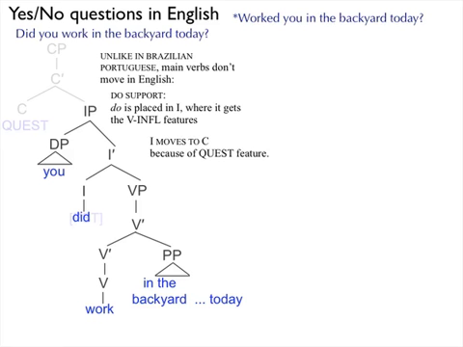And so we can say there's a question feature in the C node, and just like the tense feature in the I node can cause things to be attracted there, the question feature in the C node causes the did to move up there, is the story, right? So it's nothing but the same kind of stuff that we have to do for lots of things.